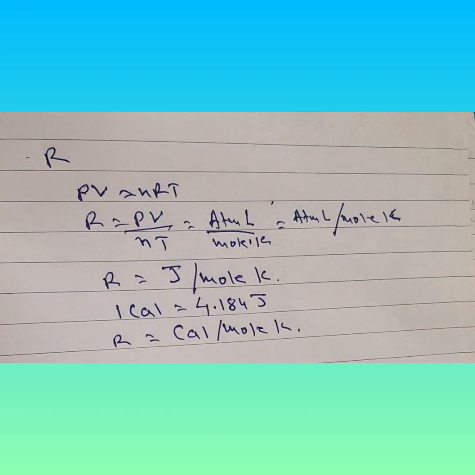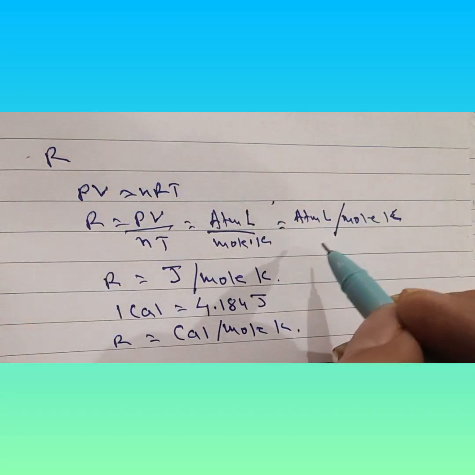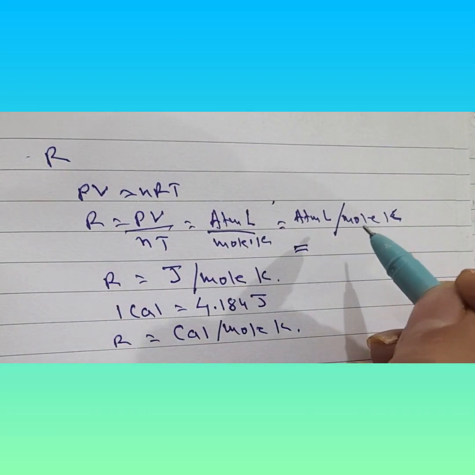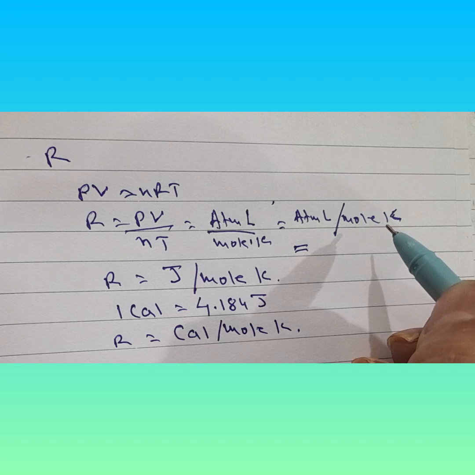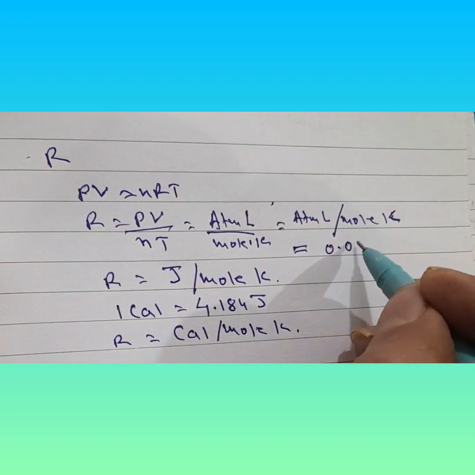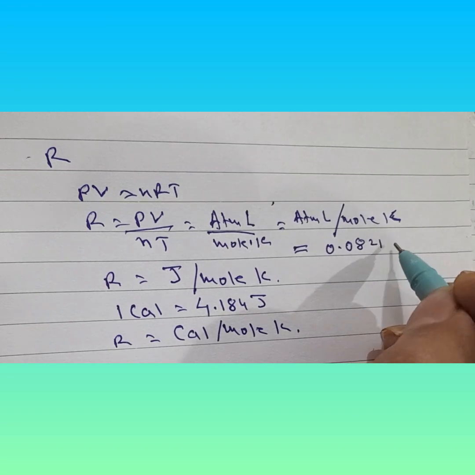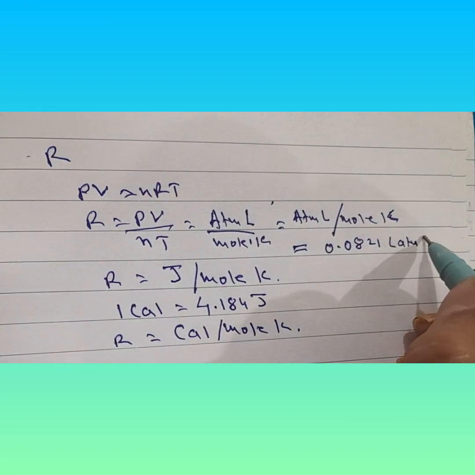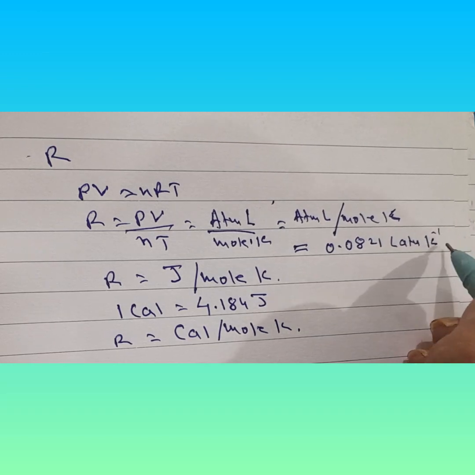Now the values you have got to learn by heart. Whenever we talk in terms of atmosphere liter per mole Kelvin, the value is 0.0821 liter atmosphere per Kelvin per mole.